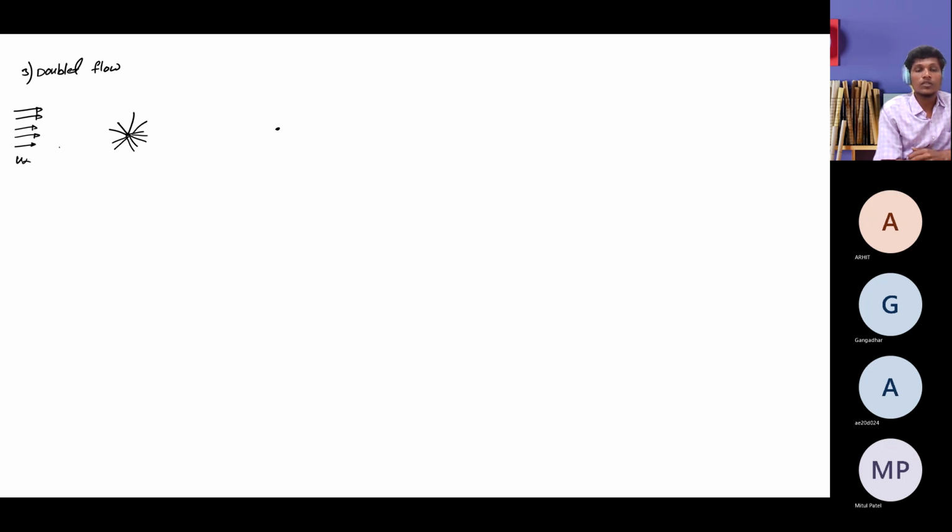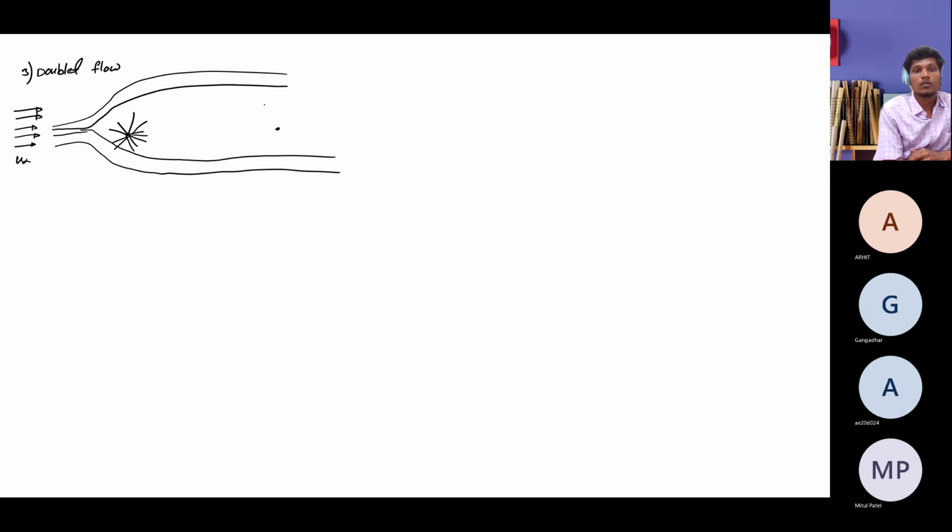You are allowing the free stream on top of it, and you will see a semi-Rankine oval. This is your free stream flow. All the streamlines emerge like this, and one particular streamline has a stream function of zero. That particular line we call a semi-Rankine oval.